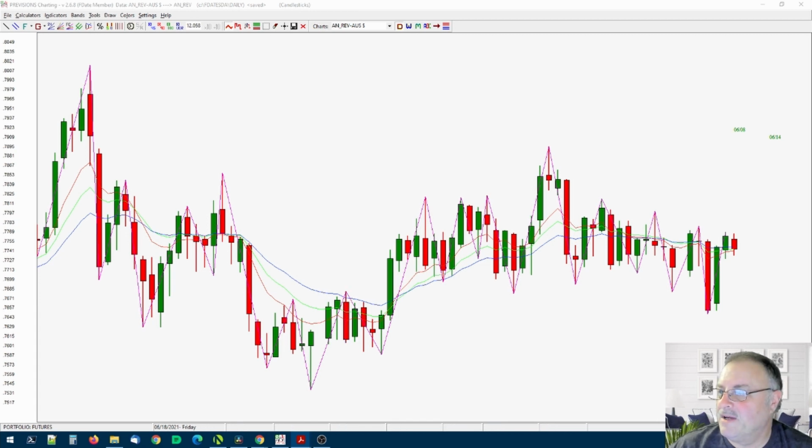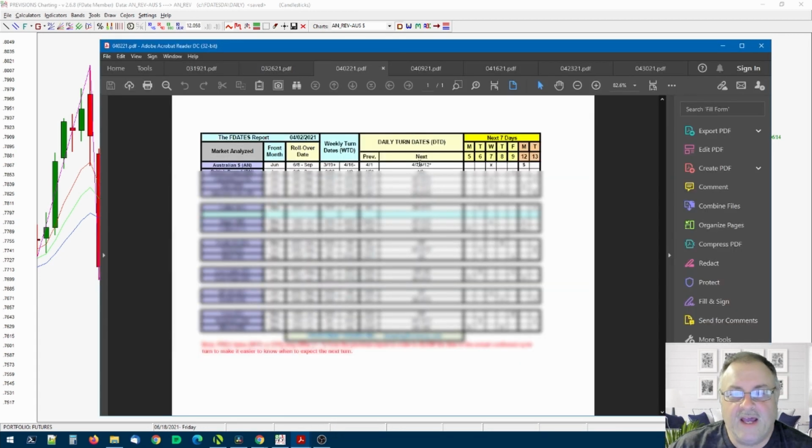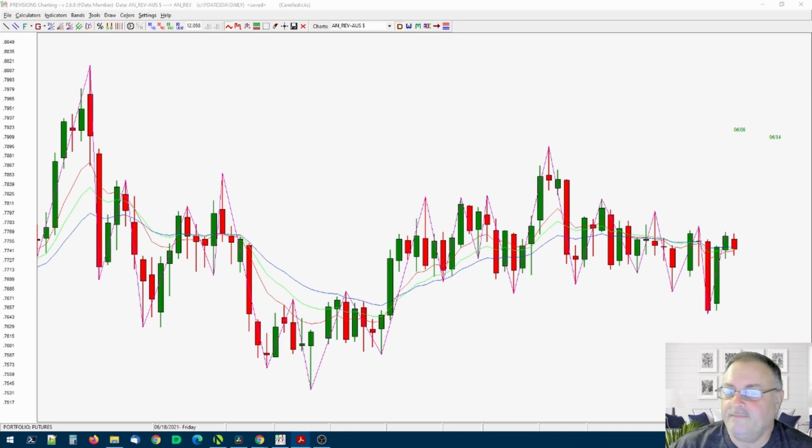Now, what was the next one after that? Well, we said we had a dollar sign F date of April 12th. So we come down, and April 12th is right there. You notice something that happened here? April 12th fell right between this swing top and this swing bottom, right smack in the middle.